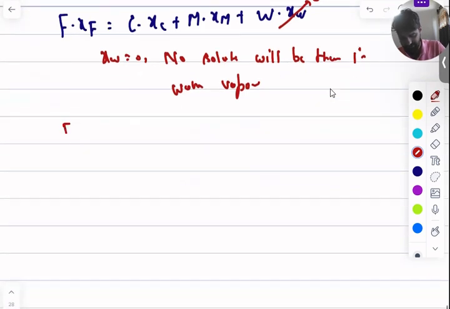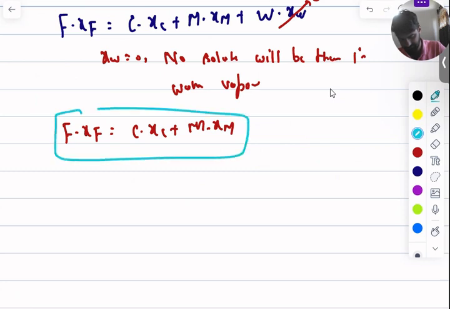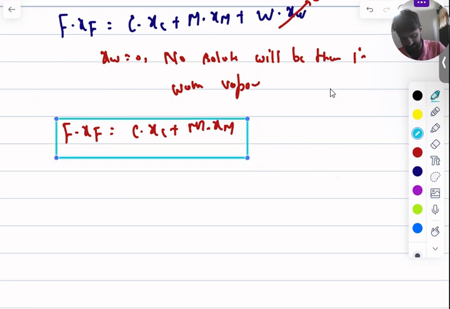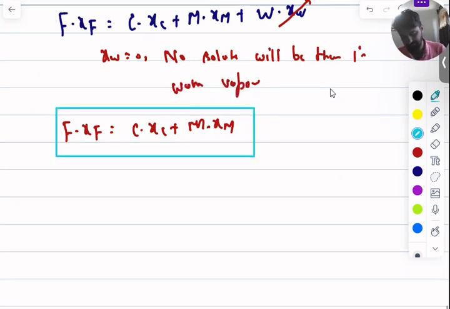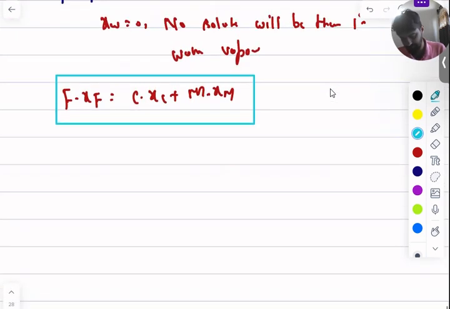So you can say directly F into XF is equal to C into XC plus M into XM. Is that clear? These things directly. Is that clear?